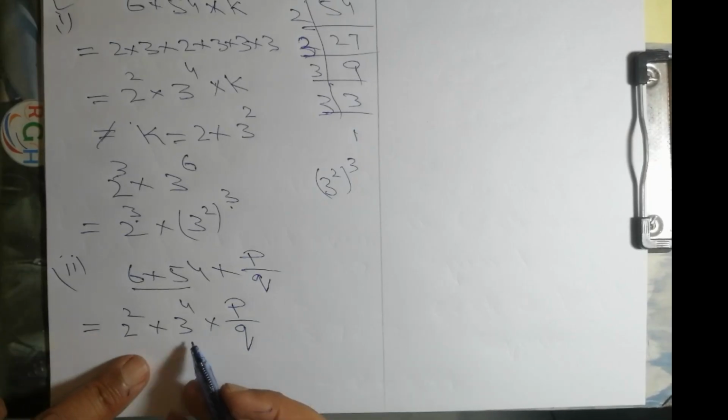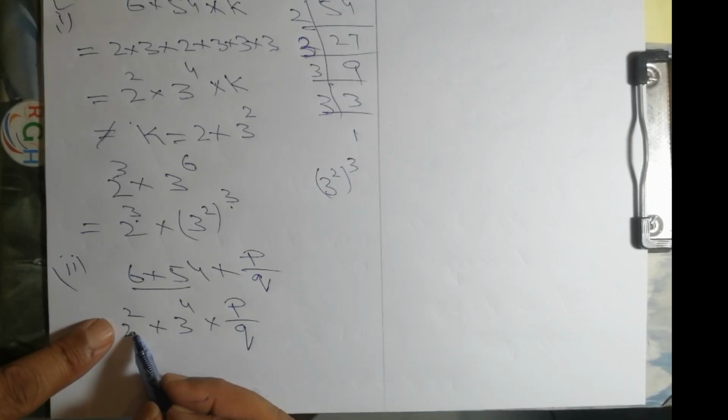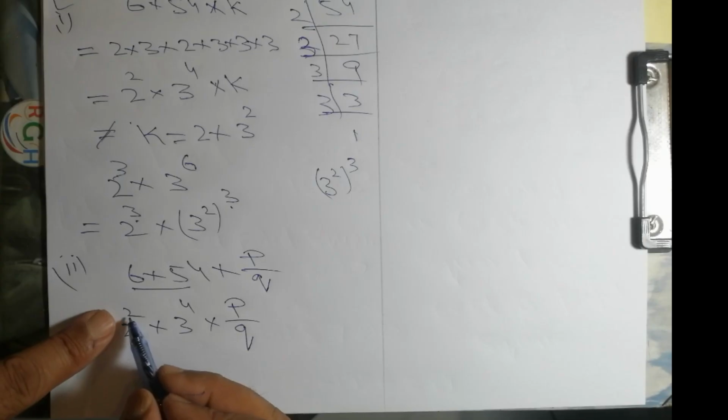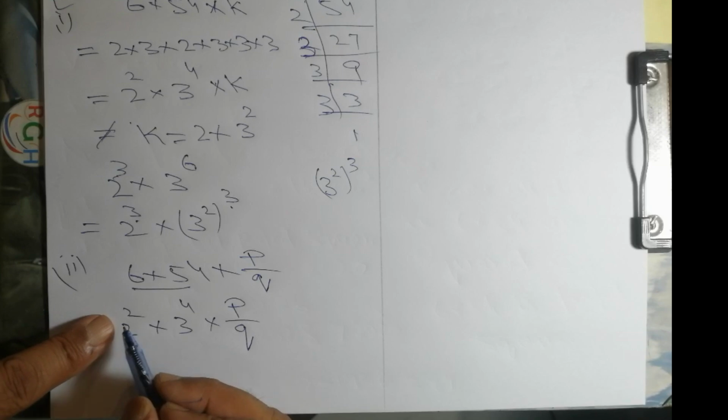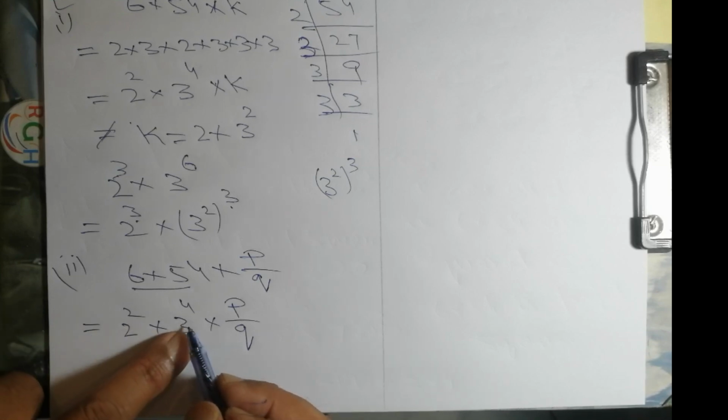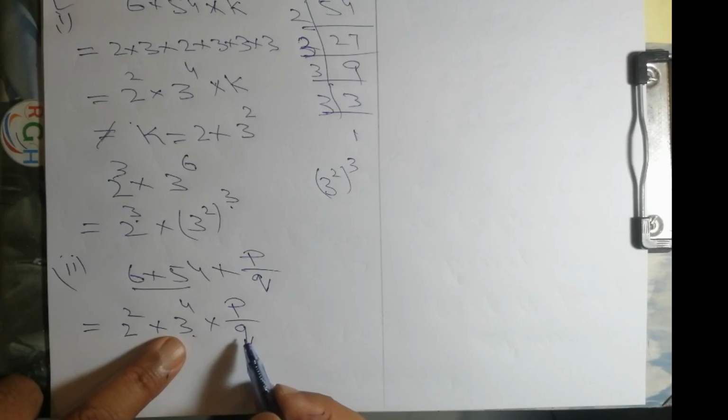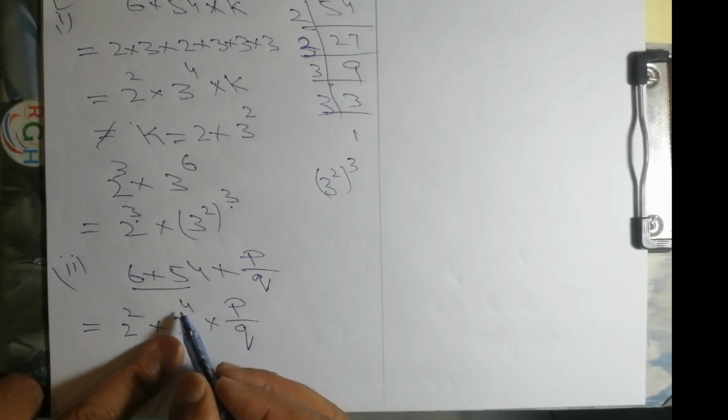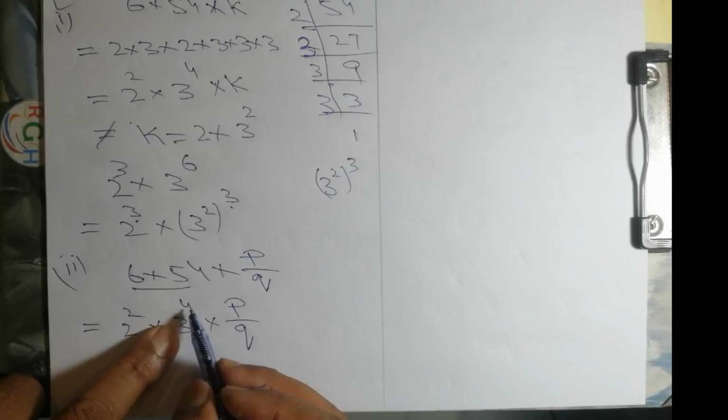For making a perfect cube, this number should be multiplied by 2. If we multiply this with 2, this will be 2 raised to power 3. And for this, 3 raised to power 4, if we write 3 at the place of q, the power will be reduced to 3 raised to power 3.